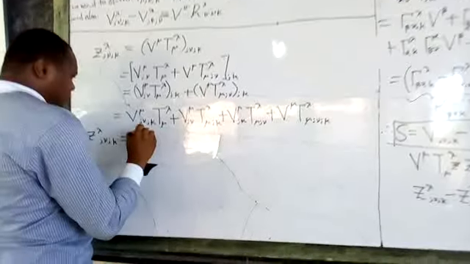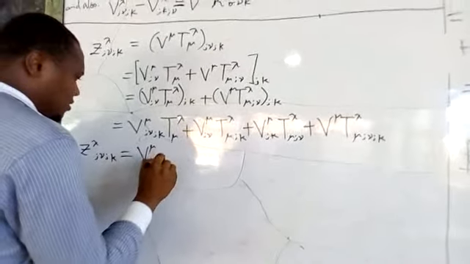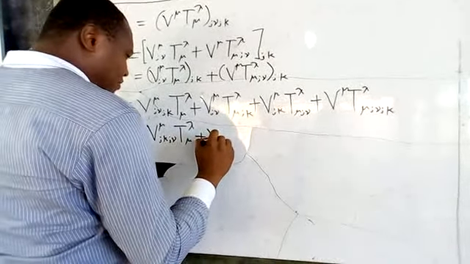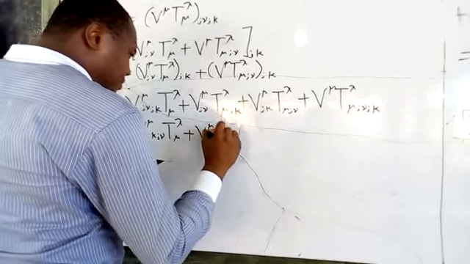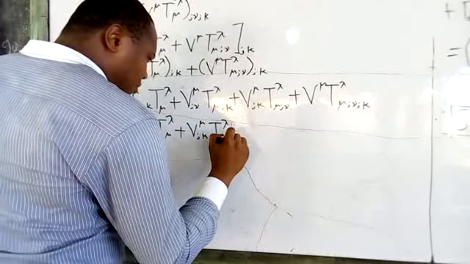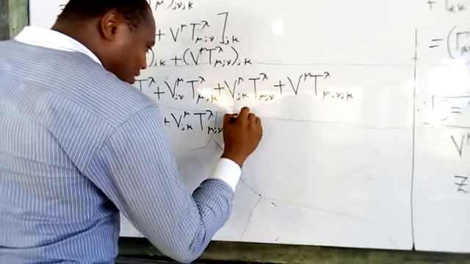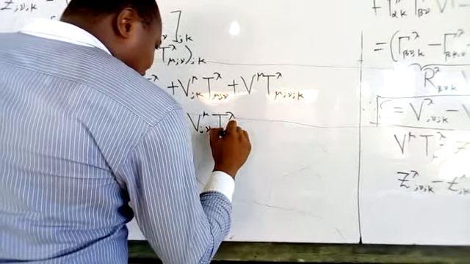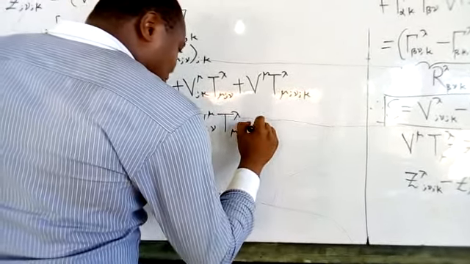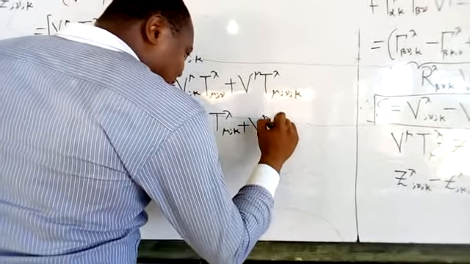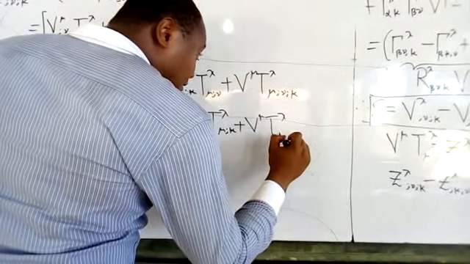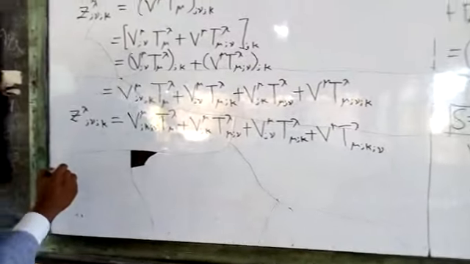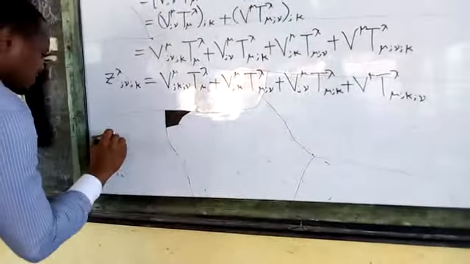So V mu kappa nu T lambda mu, plus this then will be V kappa mu T lambda mu, but then nu, plus V semicolon nu mu T lambda mu, but then kappa, plus V mu T lambda mu kappa, then nu.